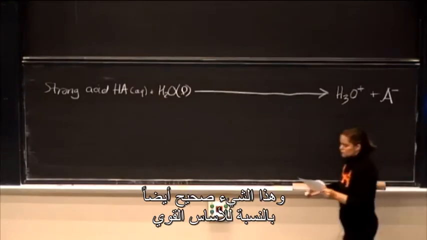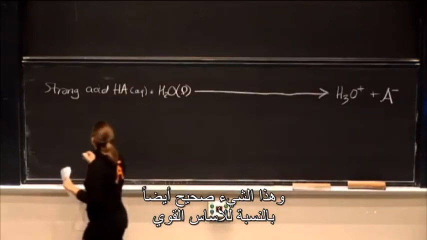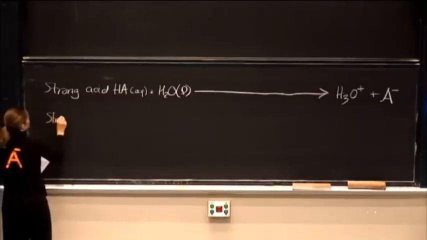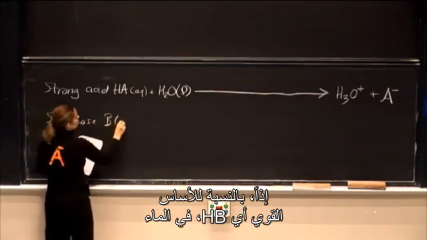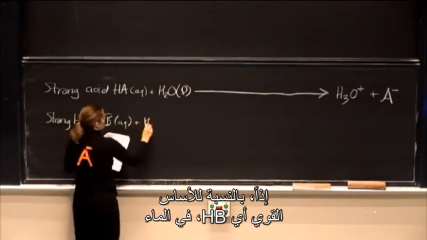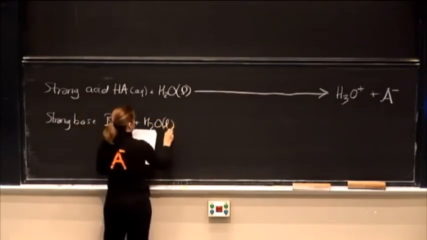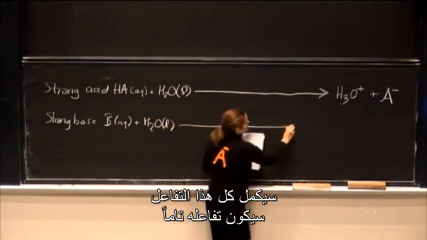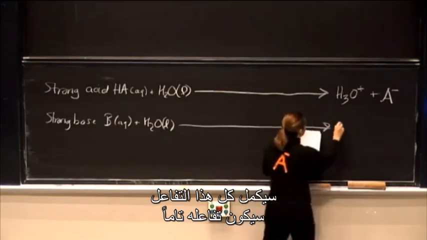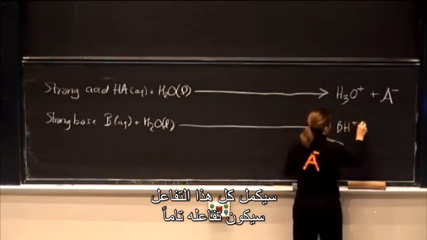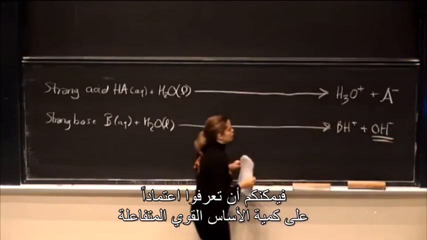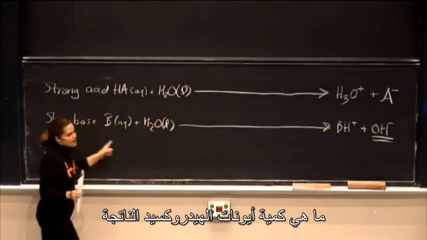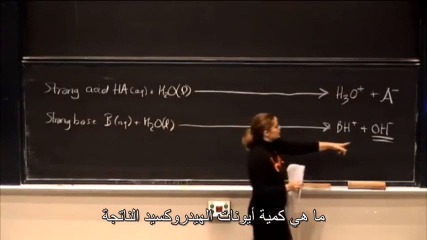And the same is true for a strong base. So for a strong base, NaOH in water, it's going all the way down. It's driving the reaction all the way over here. And you can consider that however much strong base you added is how much hydroxide ion you have here.